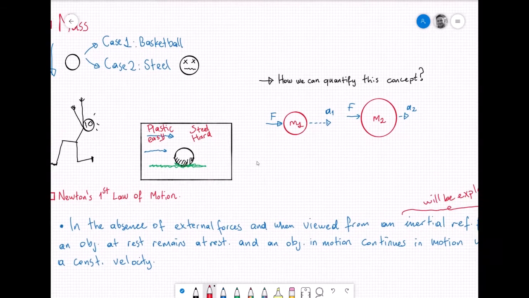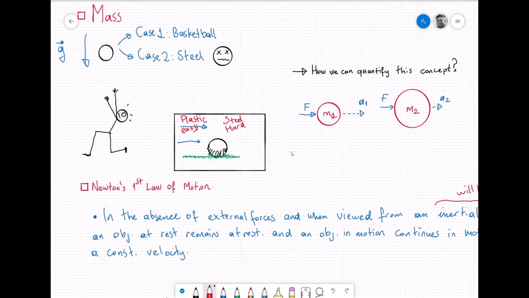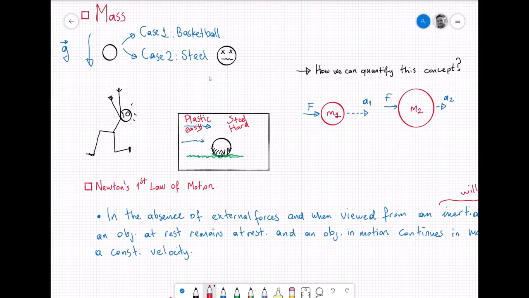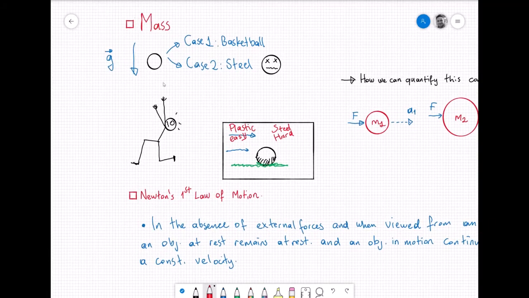So those are the effects of mass on the motion of an object which is under a certain force. By the way, in the first example, the force was created by the gravitational acceleration.